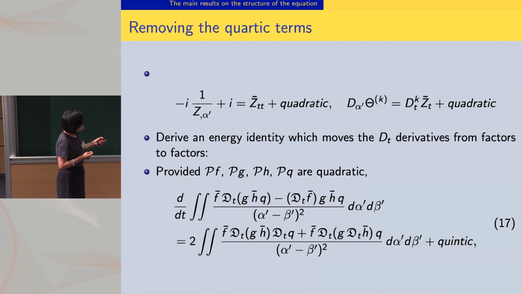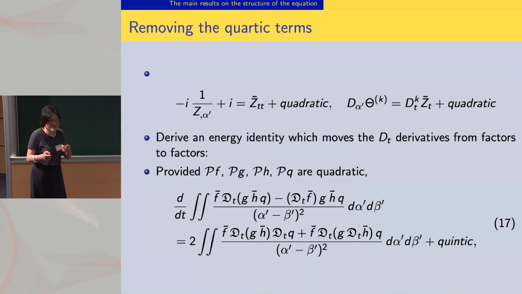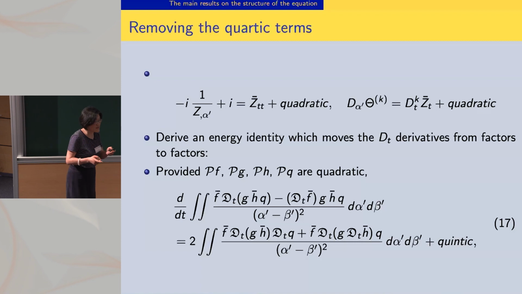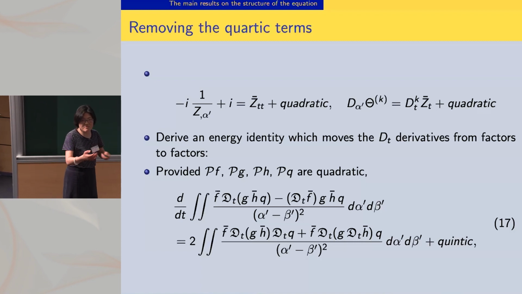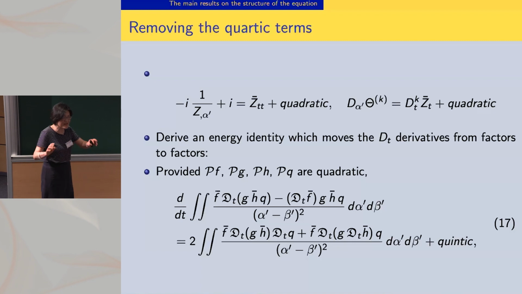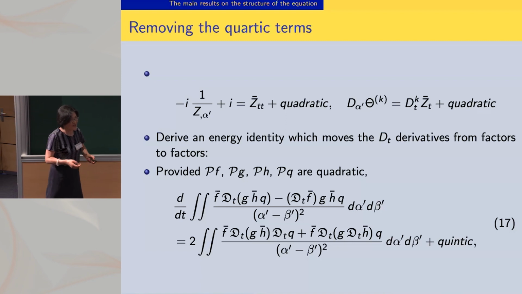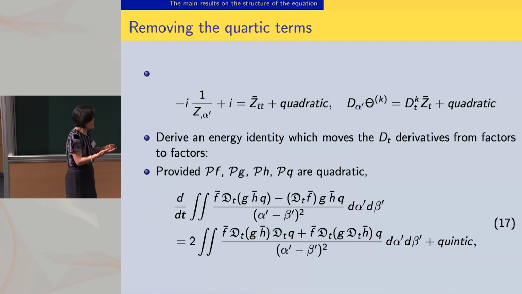In other words, the dt in the first term, which is applied to q, is moved to the dt of the second term, which is applied to h bar. So this allows us to move a derivative from one factor to the other. Then you are able to go backwards and move the derivative to the right place, and hopefully eventually you will get it.